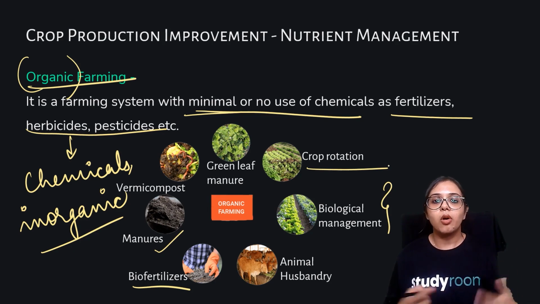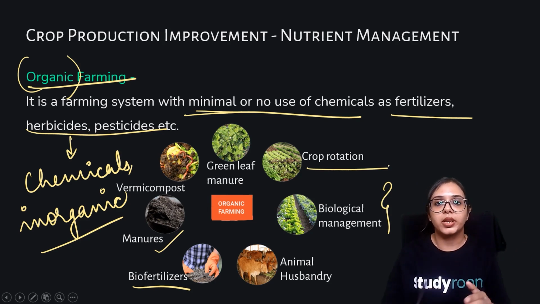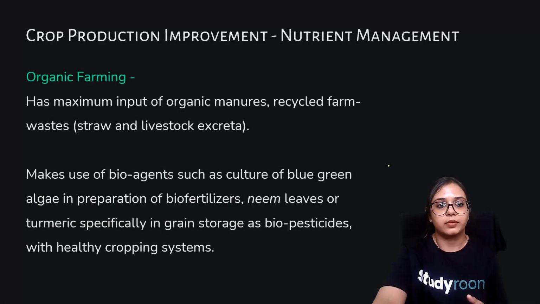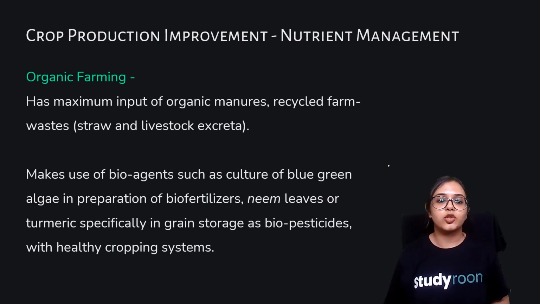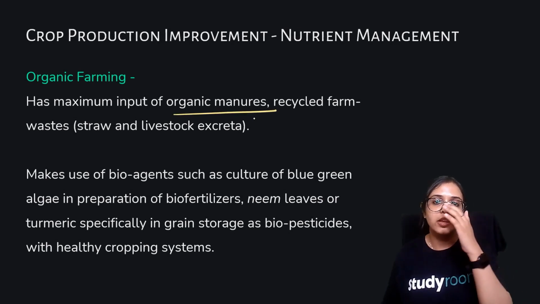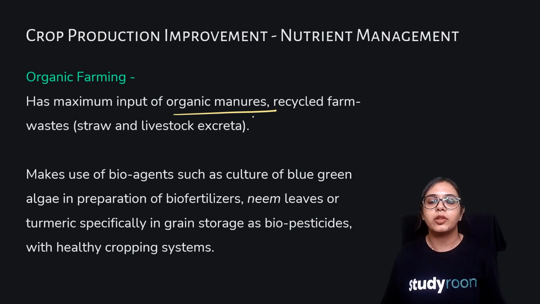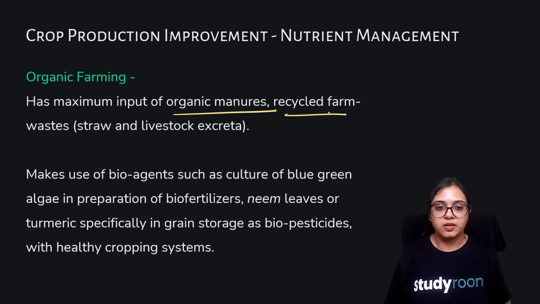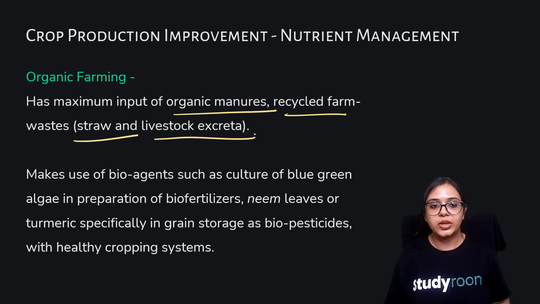All of these factors incorporate organic farming. This leads to maximum input of organic manures and recycled farm waste. Obviously, if you are using plant remains and animal remains, somewhere or the other you are recycling. You're not using any extra chemical or inorganic substances. You're using straw, the hay that you get, and livestock excreta.